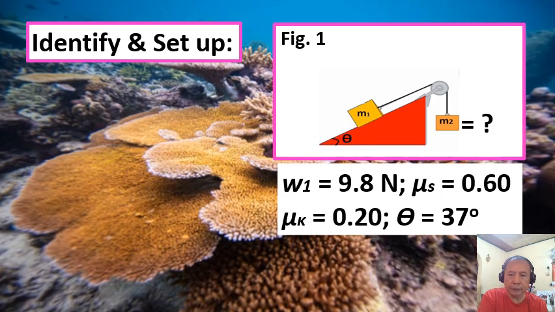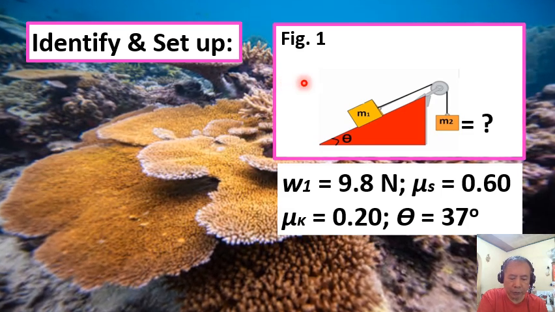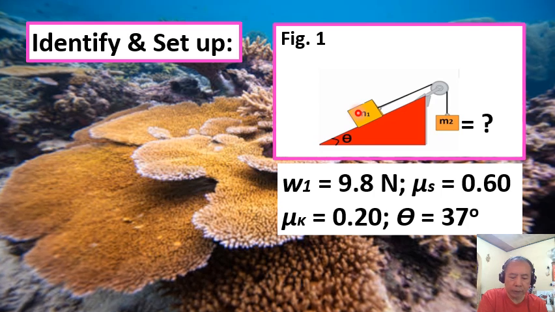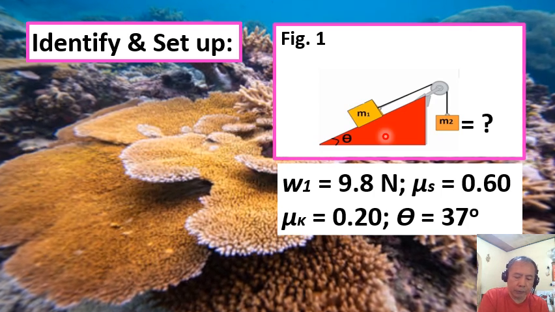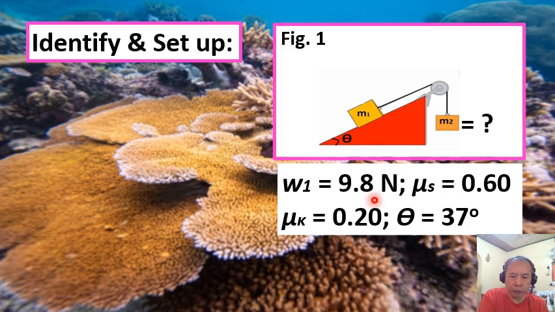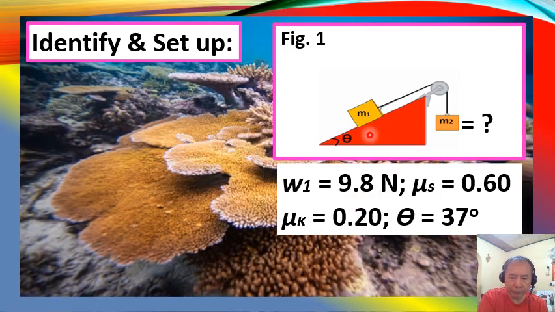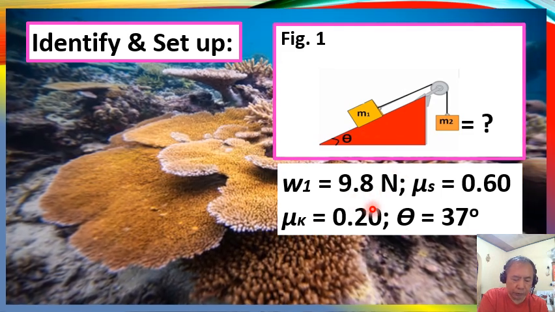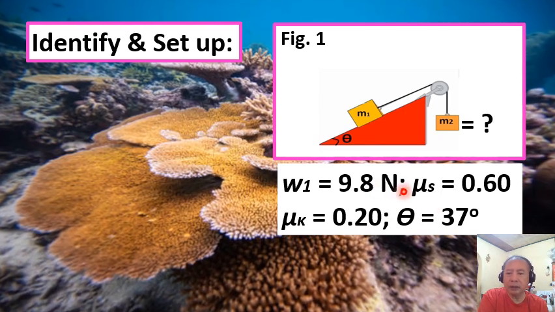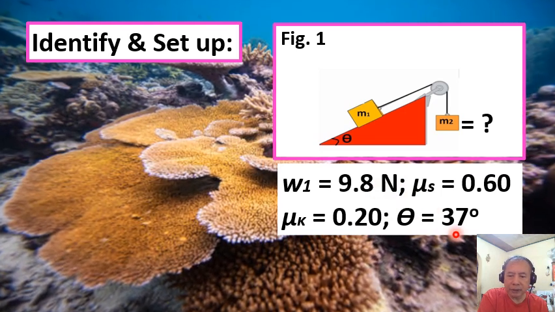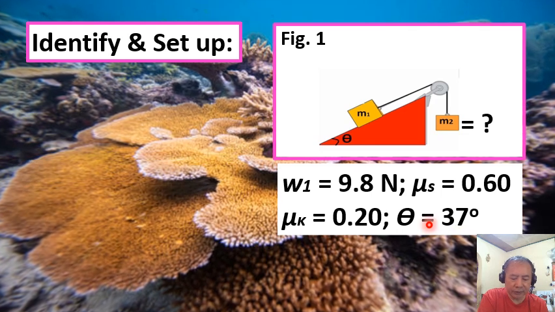As shown in figure 1, the weight W1 of block 1 is equal to 9.8 newtons. The surface is inclined at an angle of 37 degrees.